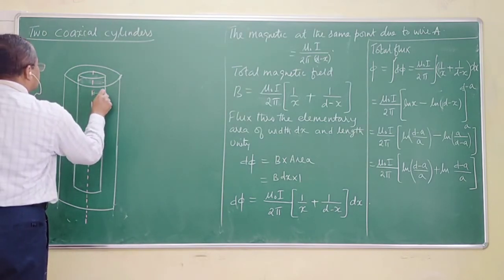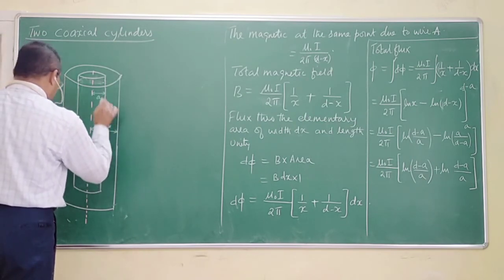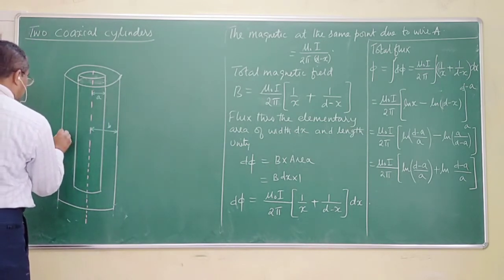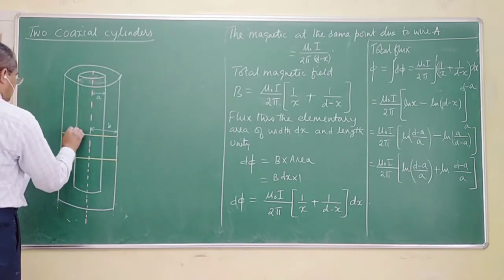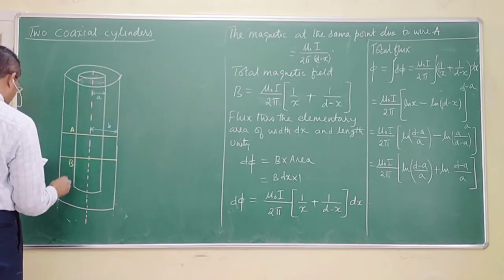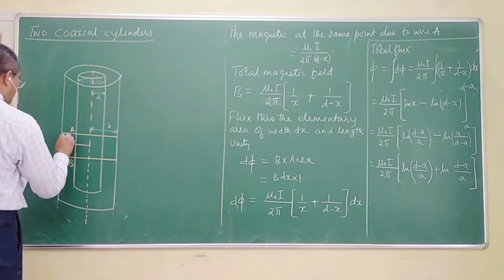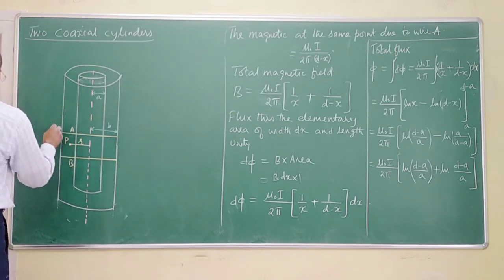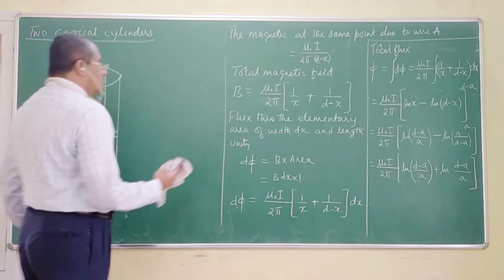Radius of this cylinder is A. The outer one is B. Let me take a portion here. This one I call A. I call this B. From this, somewhere here, I am taking a point P. And this is AB. This is CD. I will tell you what exactly it is.